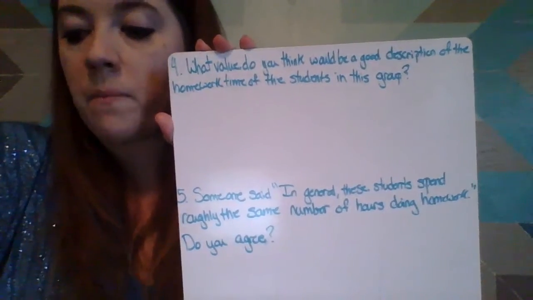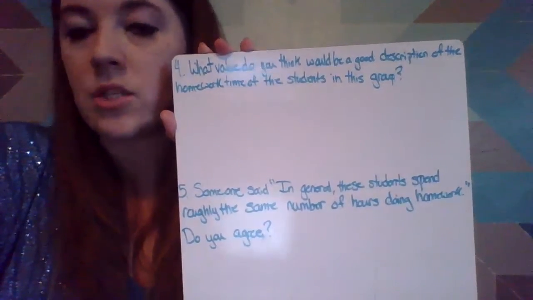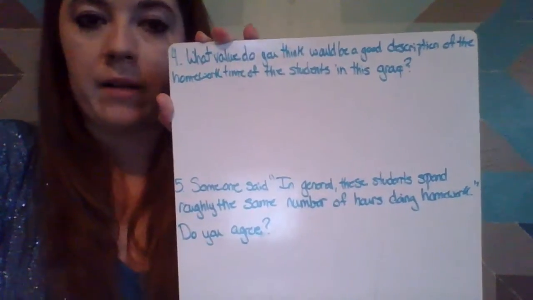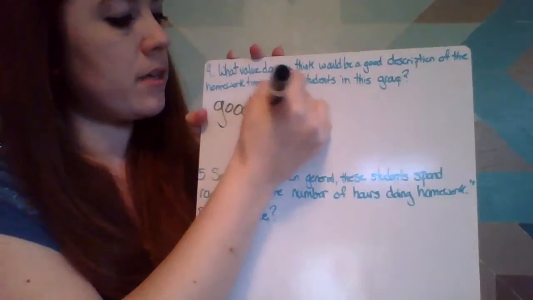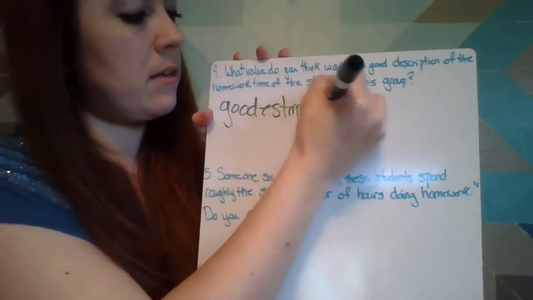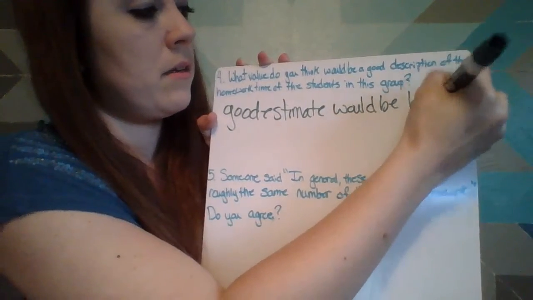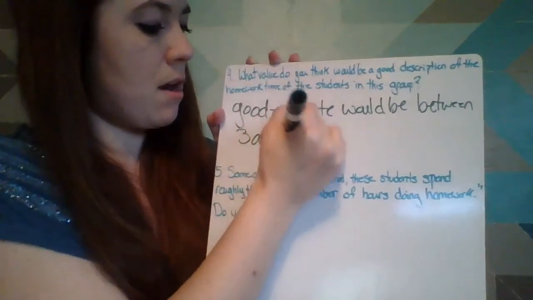So for number 4, what value do you think would be a good description of the homework time of the students in this group? Thinking back to that dot plot, what would be a good value for it? A good estimate would be between 3 and 4.